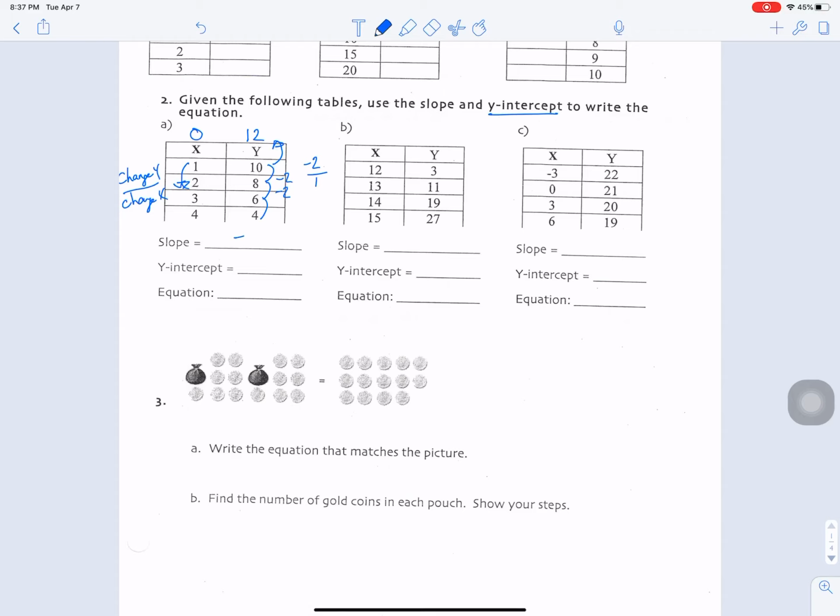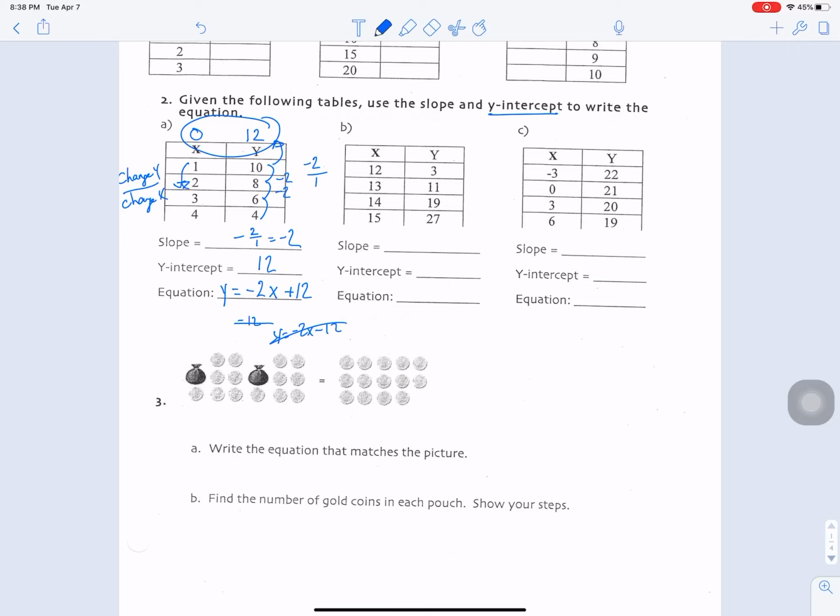So here, the negative slope is negative 2 over 1, or just negative 2. The y-intercept, which we figured out, is 12. And then we have our equation, right? We have y equals negative 2 times the x, plus 12. And remember, if the y-intercept is positive, it's a positive 12. If this had been a negative 12, it would be y equals negative 2x minus 12, but it's not.